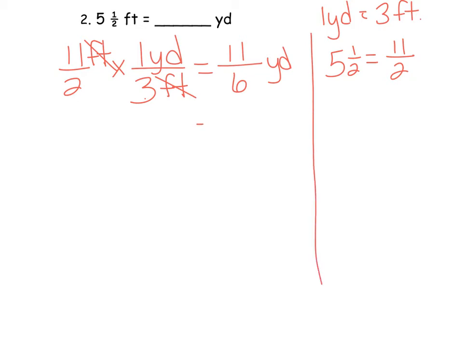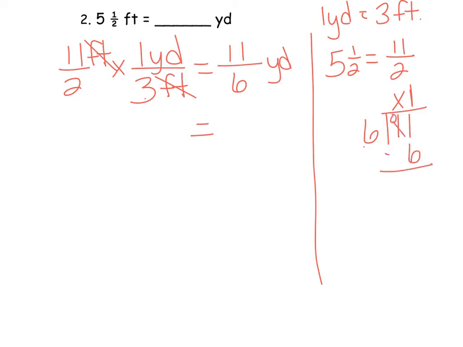So now I have an improper fraction. Let's make it a mixed number. So 11 divided by 6, my denominator. How many 6's fit into 1? Can't do. 11 divided by 6, or how many 6's go into 11? 1. 1 times 6 is 6.